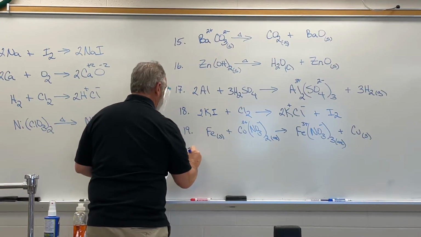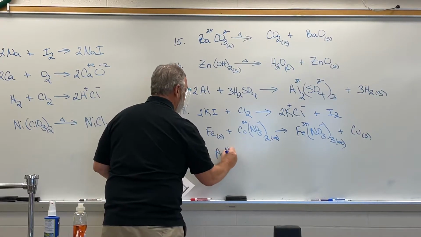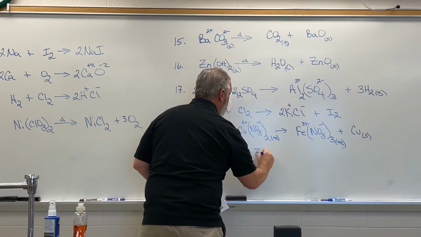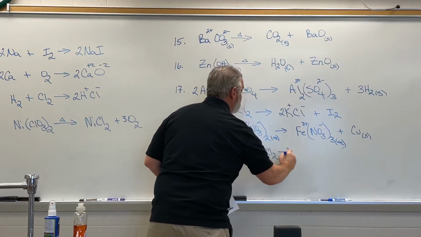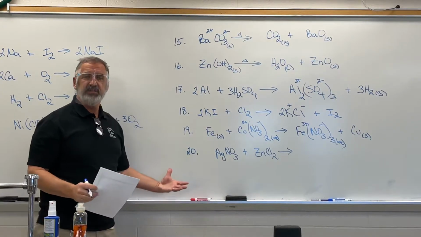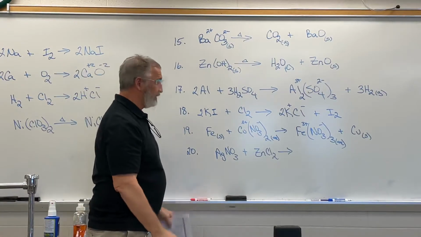All right, number 20. Now we're going to double replacement. Silver nitrate plus zinc chloride, and almost always in a double replacement, the reactants are aqueous, just because that's the only way they can rearrange. So what do we make?